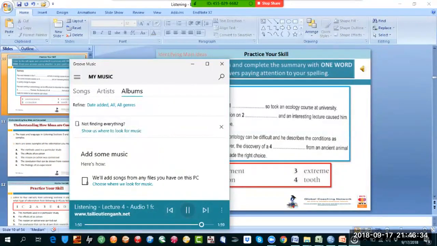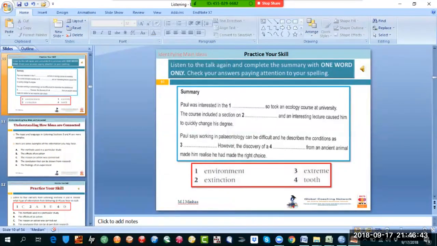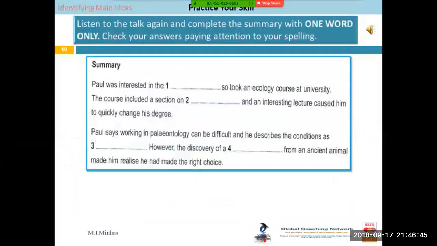Finding that one fossil made me realize that this was a field I really wanted to continue working in.